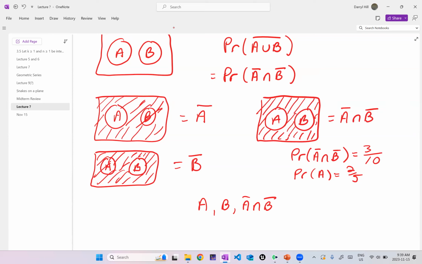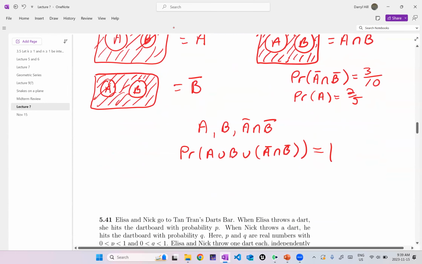And they are all disjoint. And if I take the union of them, what do I get? Yeah, so they are disjoint and together they completely describe the sample space. So they have a probability of 1.